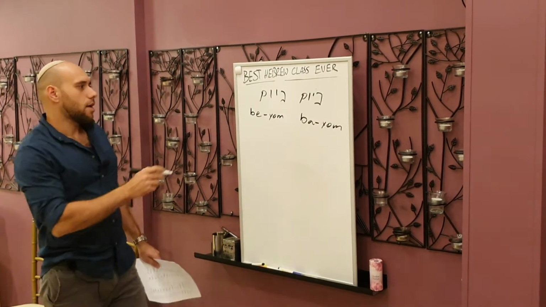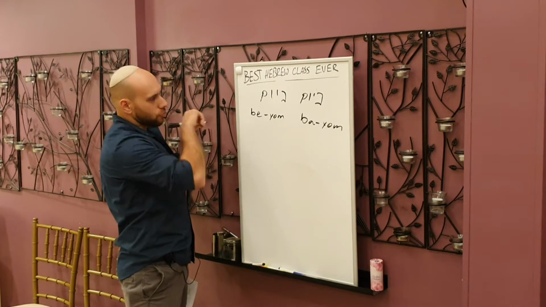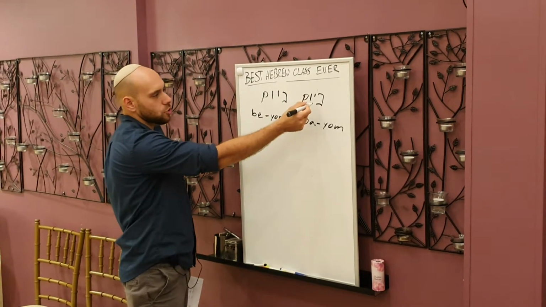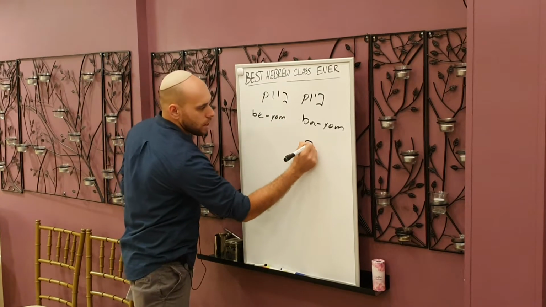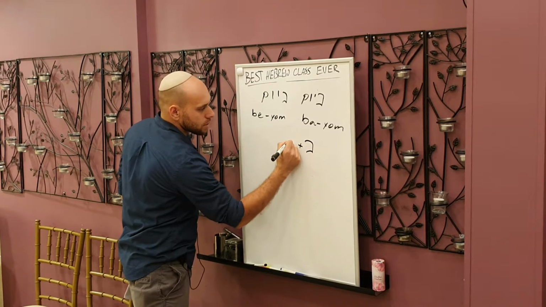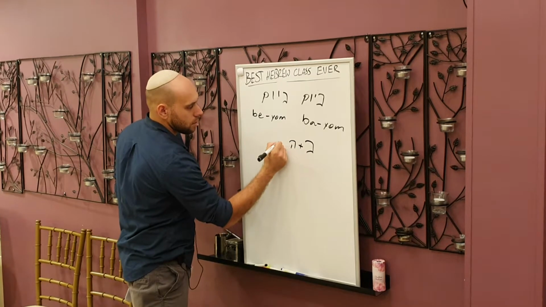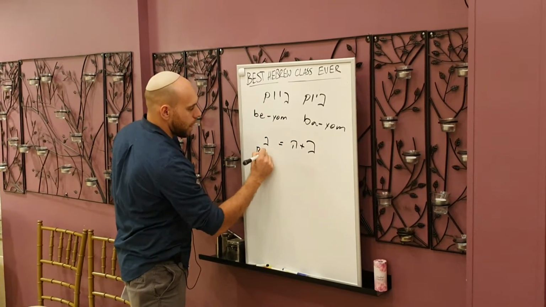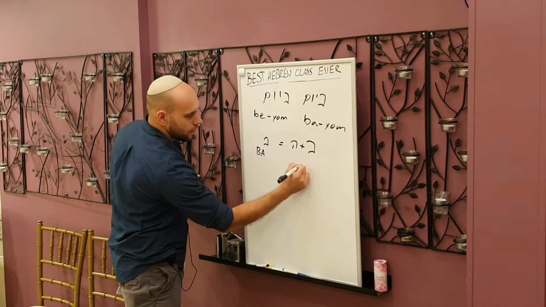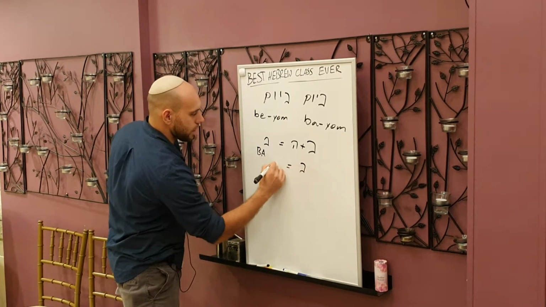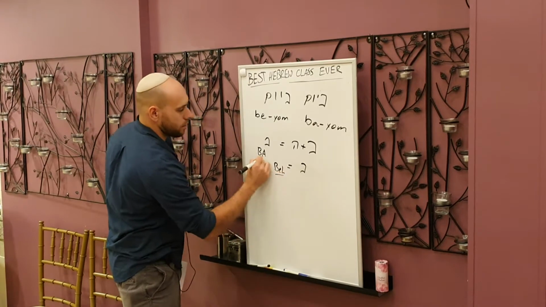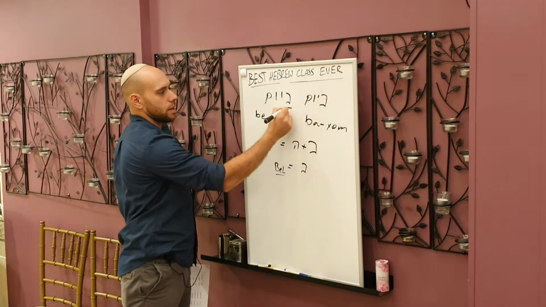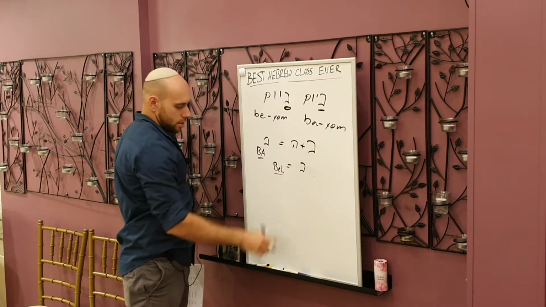So for example, be plus ha equals ba. And then there's be by itself that equals be. Does that make sense? So this is be, this is be, and this is ba.